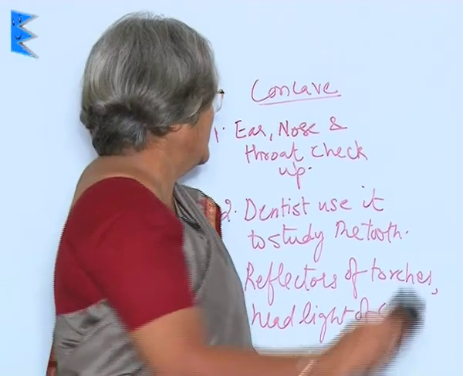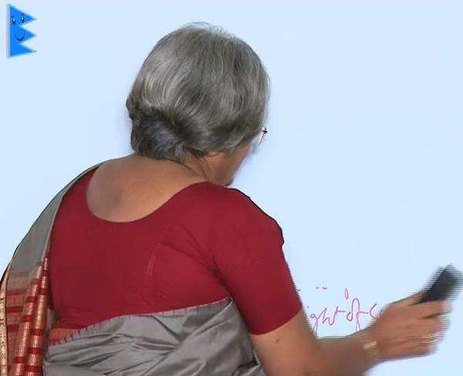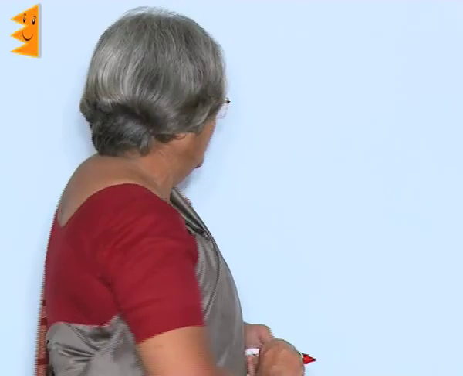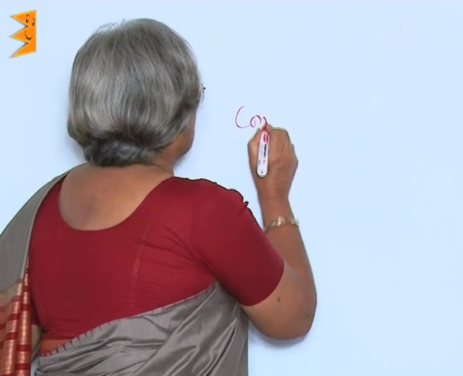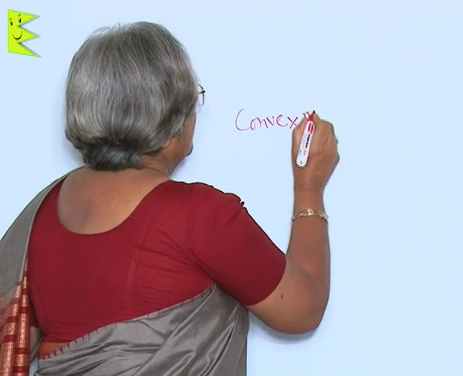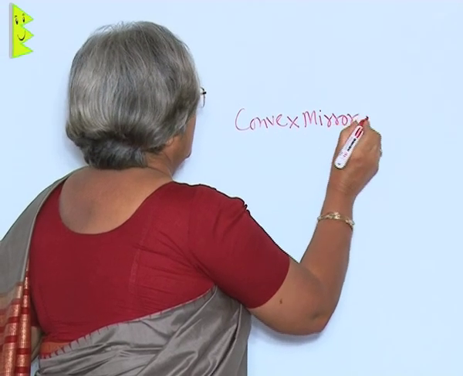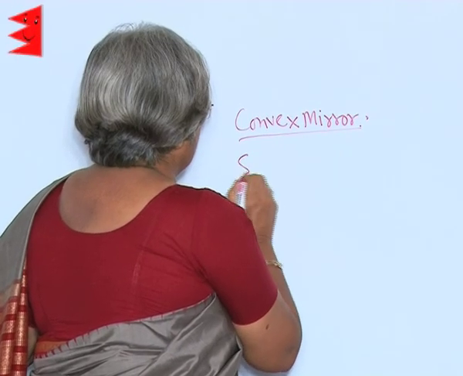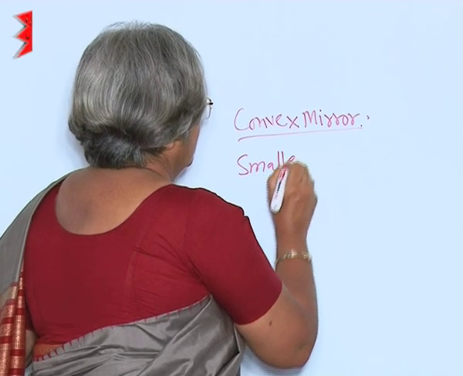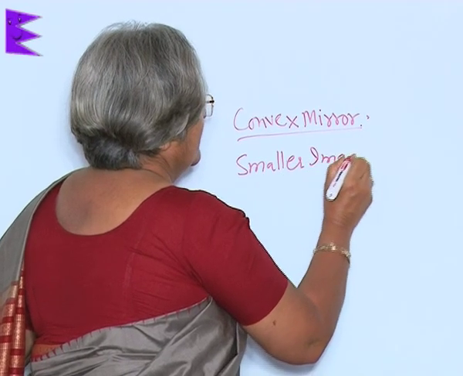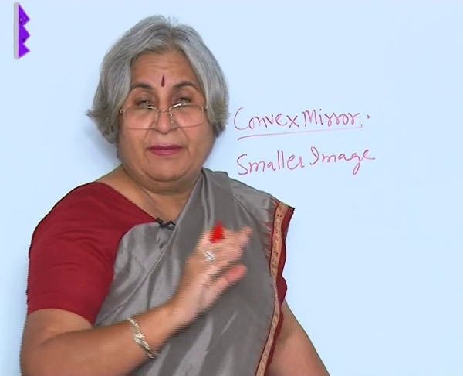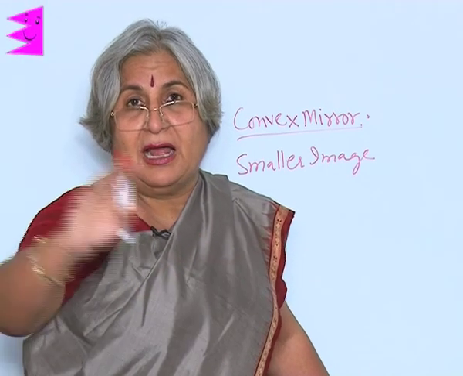What we use is not concave mirror but convex mirror, because in the case of convex mirror the image is smaller, but you can see images of objects on a large area.